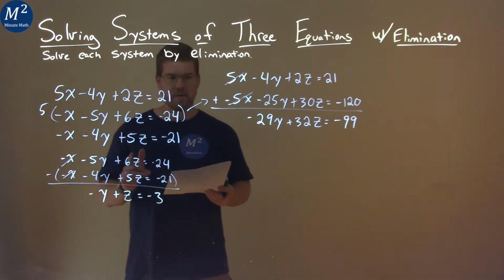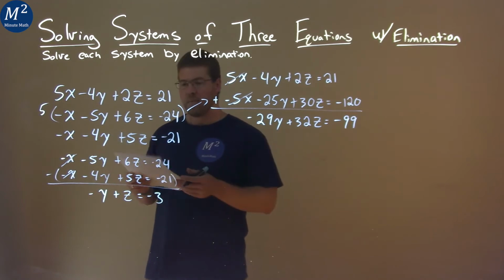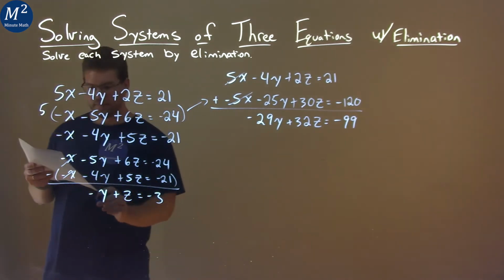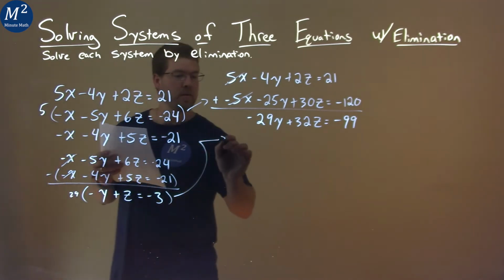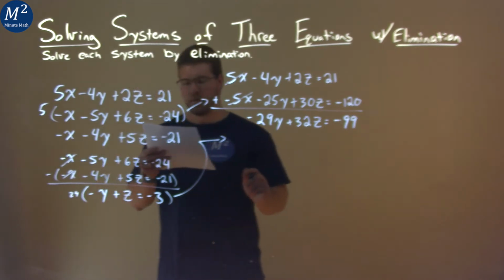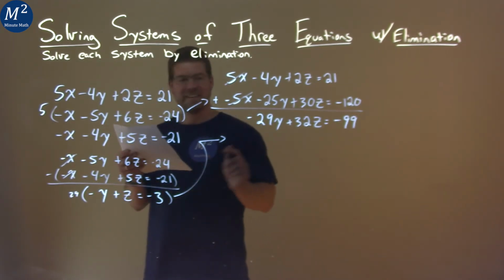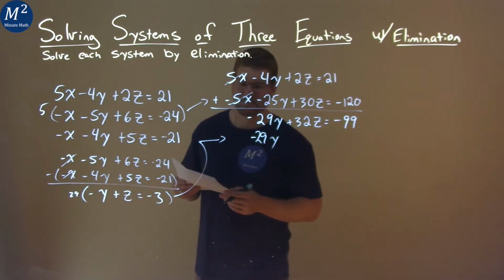If I multiply this, because I want to see if I can eliminate a variable here, if I multiply this whole thing by 29 and put it up here, what do we get? 29 times a negative y is a negative 29y. Which is great.